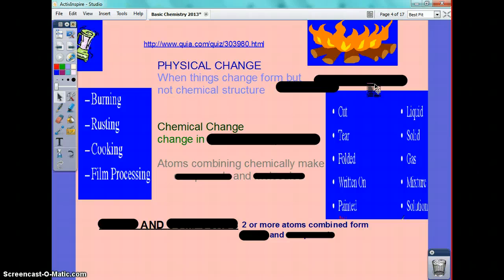Cut, tear, fold. If you cut a piece of paper, what do you have on each side? Two pieces of paper. If you burn paper, what do you end up with? Ash and smoke or heat, chemical reaction. So that's a chemical change. Whatever chemical composition the paper made up changes.